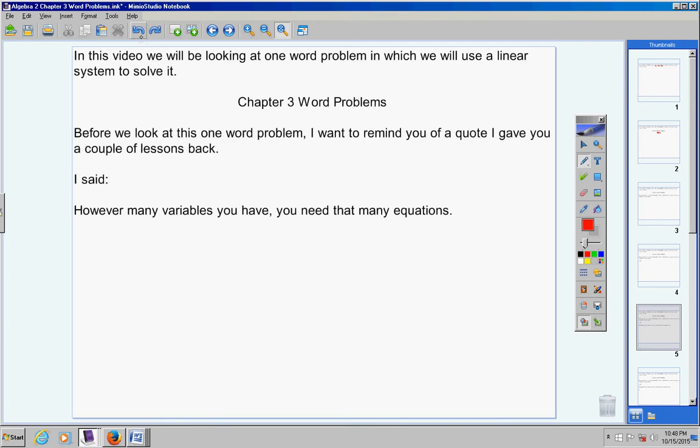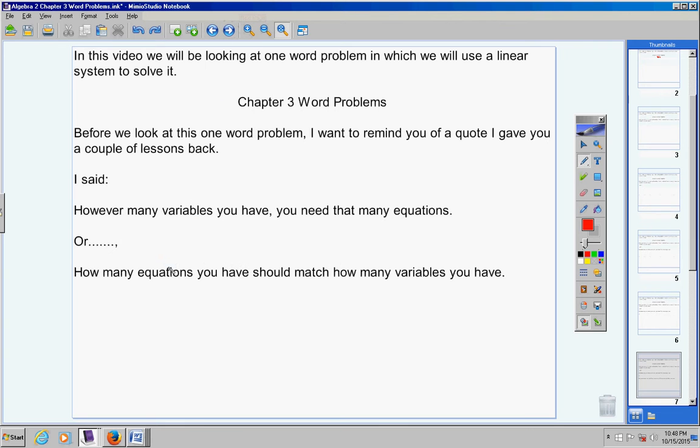Another way to say this sentence is, however many equations you have should match how many variables you have.